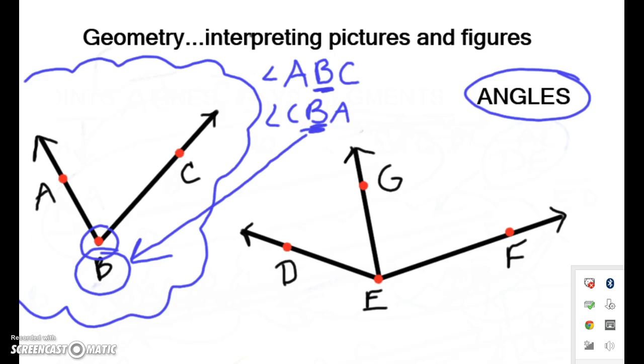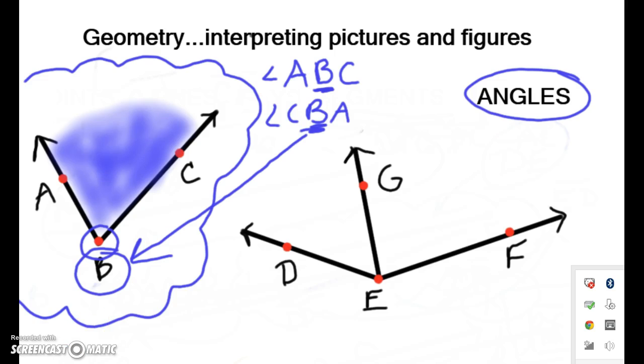An angle is made up of 2 rays. It is actually this interior space right here. It's always measured in degrees. The angle is always made of 2 rays that meet at a particular vertex. They share a common endpoint.